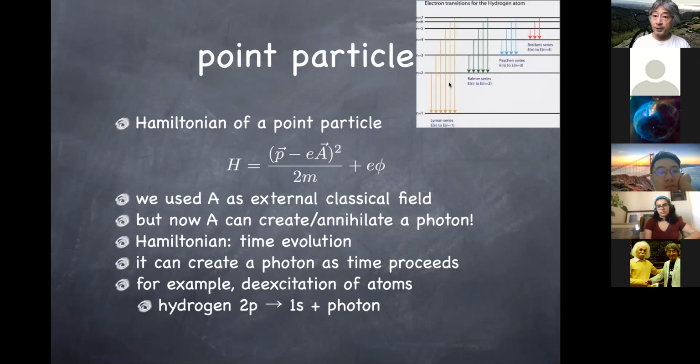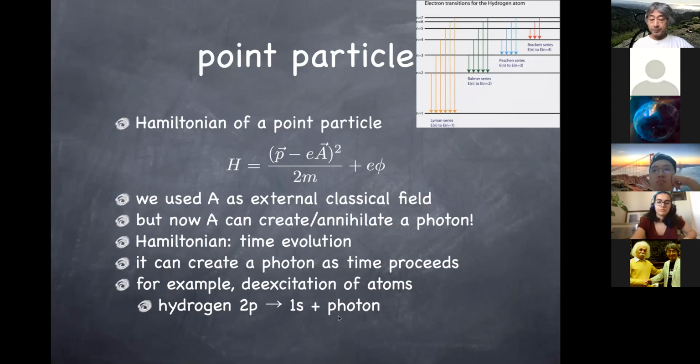We have all these different transitions in the hydrogen spectrum, and what we're looking at is the simplest example of n equals 2 in a p orbital decaying down to the ground state of n equals 1 in the s orbital.